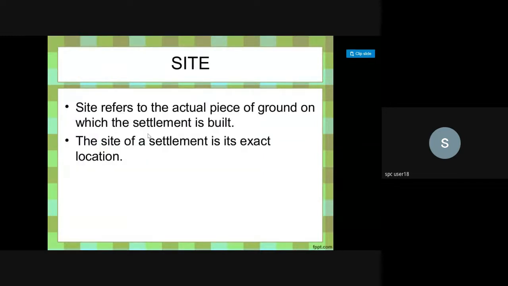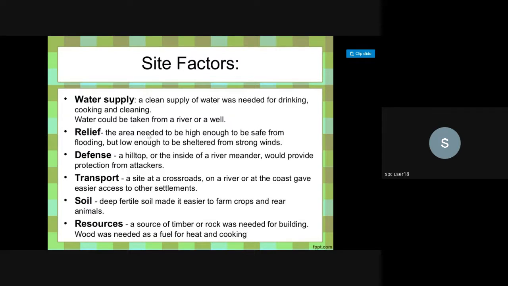As far as various aspects of these urban locations are concerned, site refers to the actual piece of ground on which the settlement is built. The site of a settlement is its exact location. Factors which control site location: water supply. Clean supply is very necessary for drinking, cooking, cleaning. Relief: the area needs to be high enough to be safe from flooding, but low enough to be sheltered from strong winds also.